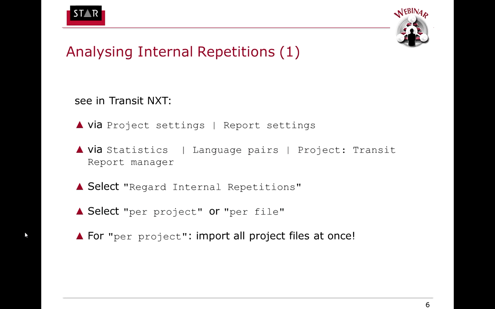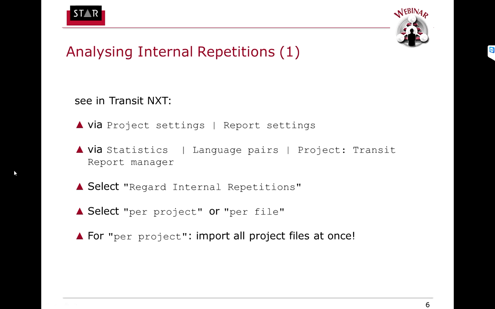And now we're going to have a look at analyzing internal repetitions. In Transit NXT, you can see how the internal repetitions of your project are analyzed via project settings, report settings, and we're going to look at this, of course, in Transit, and via statistics.